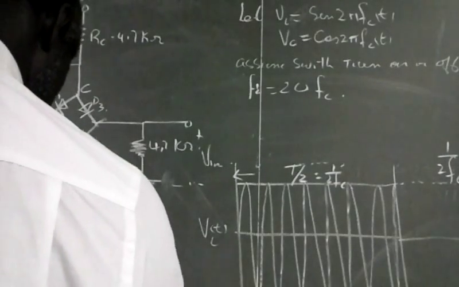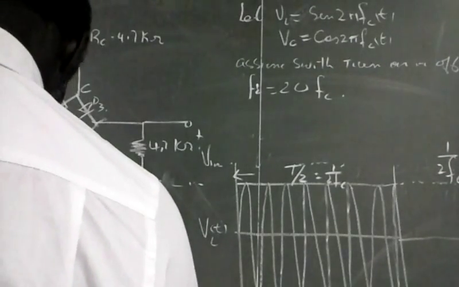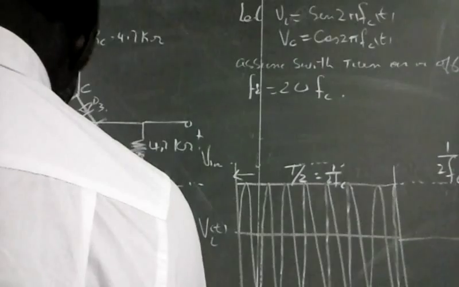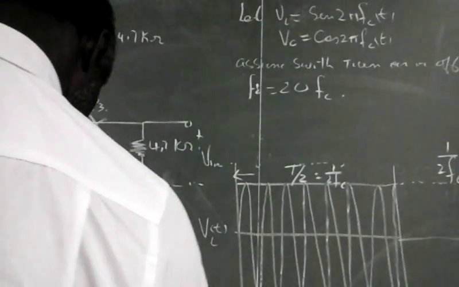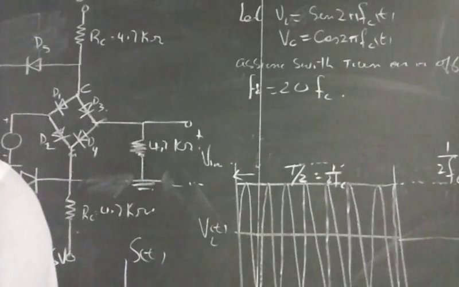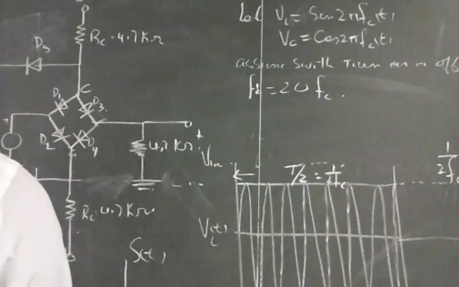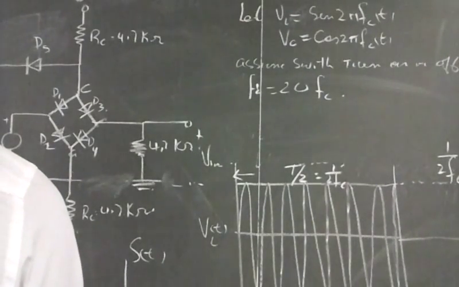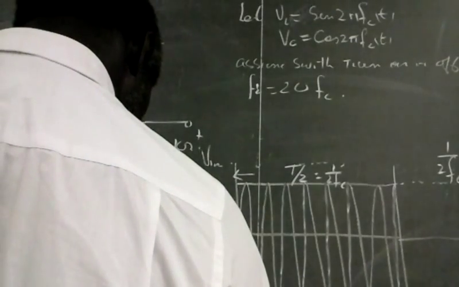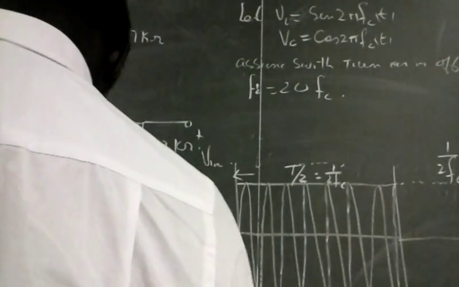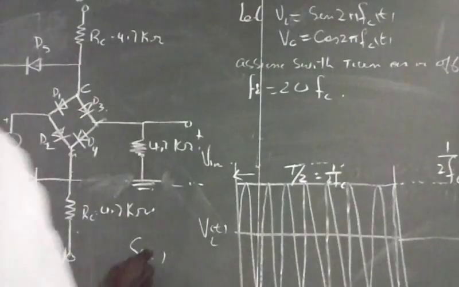Mix. Vin of t and Vout of t. And this is S of t.